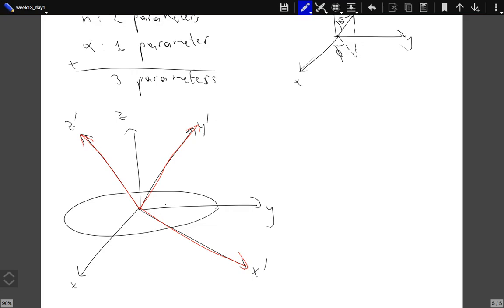And that unit disk on the xy plane, let's say after rotations it becomes this one. This is my new disk. Yes, I started with this disk.